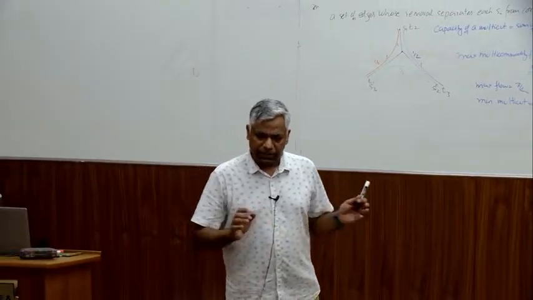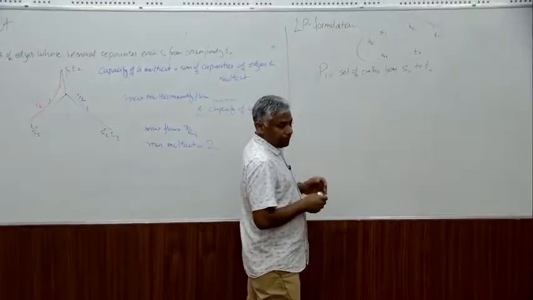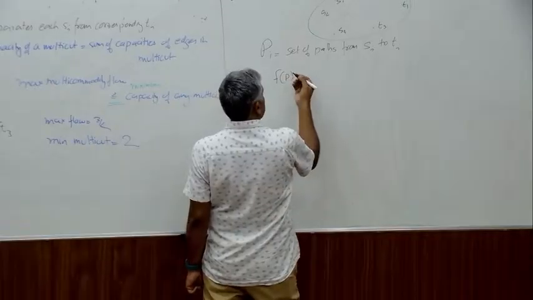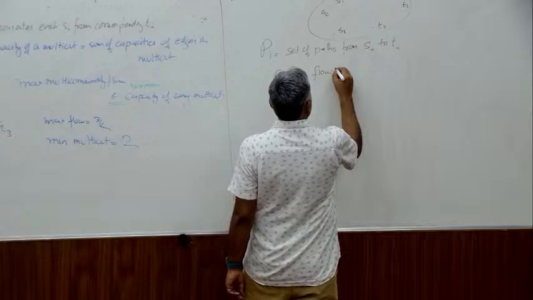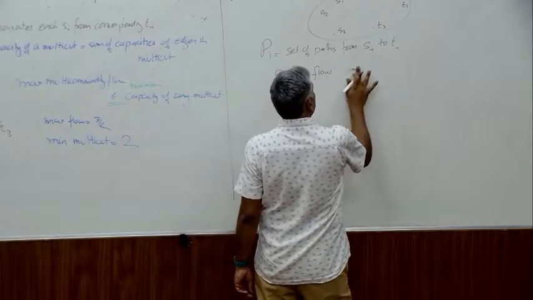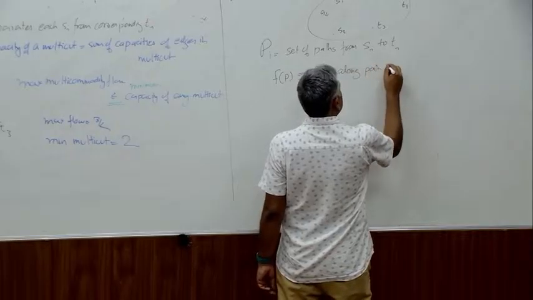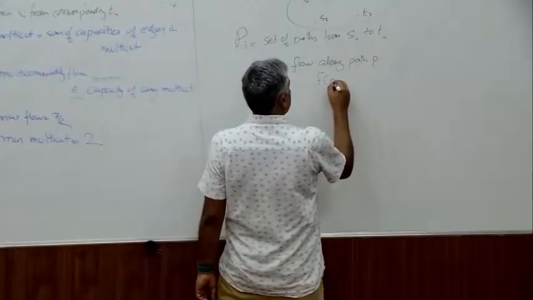All possible paths that are there from S_i to T_i. And now I'll have f(p) as my variable. f(p) is the flow I send along path p. So clearly the flow that I send along any path is non-negative.